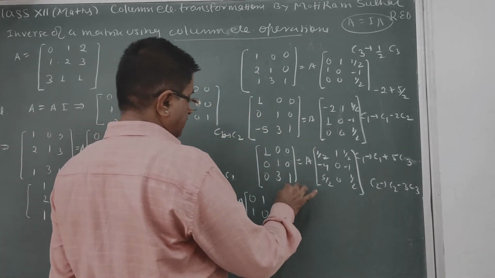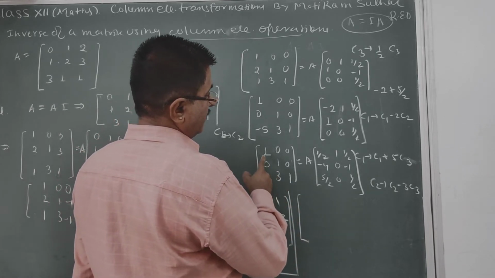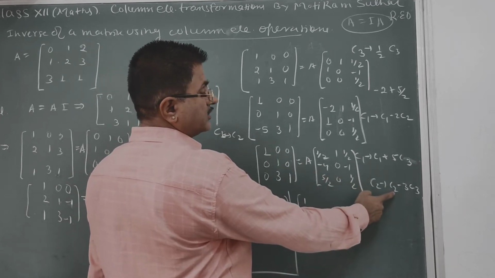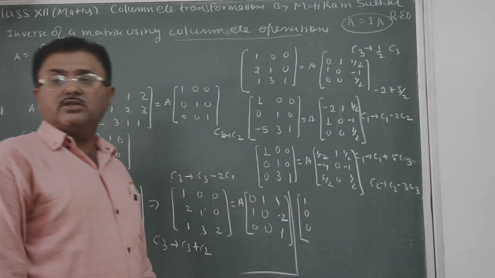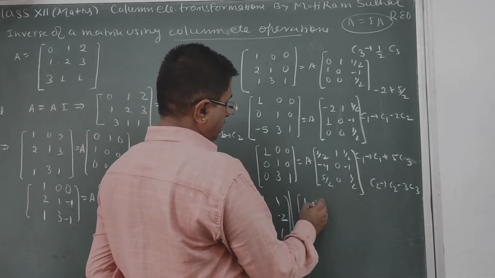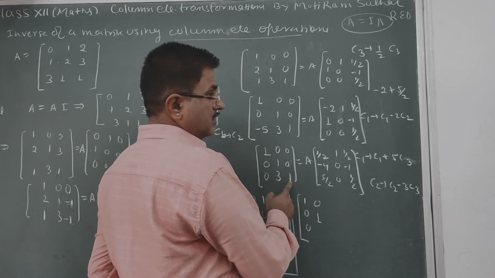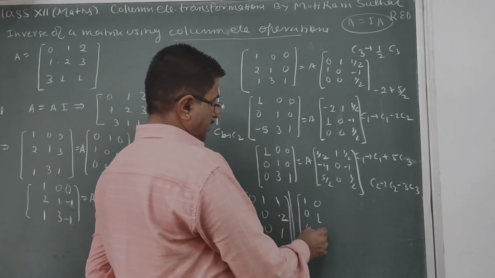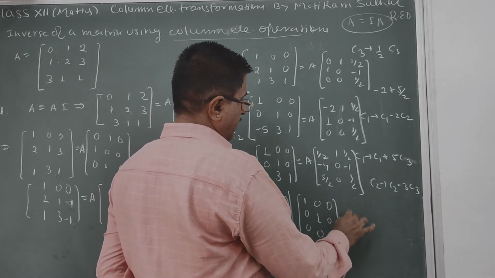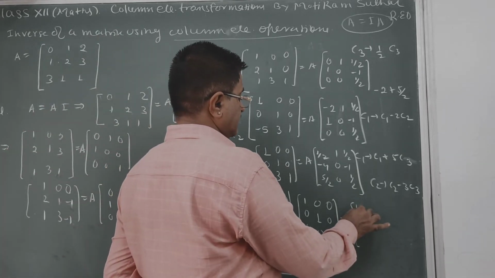So see here, column first remains 1 0 0. Now second column we write as second column minus 3 times of third column. So 0 minus 3 times, that is 0. 1 minus 3 times of 0, 1. 3 minus 3 times of 1, that is 0. 0 0 1.